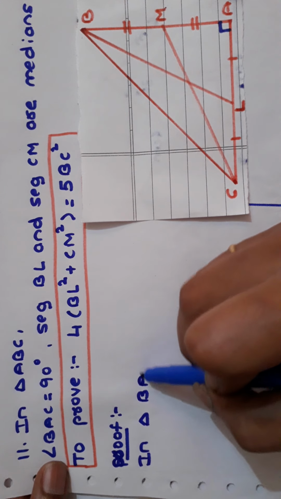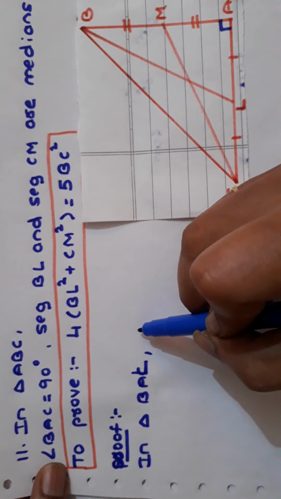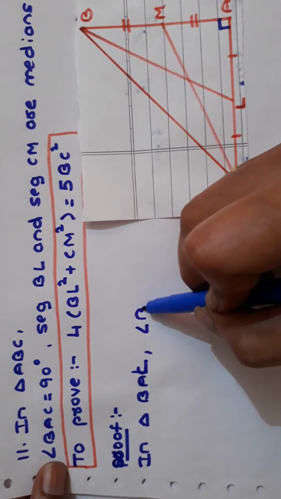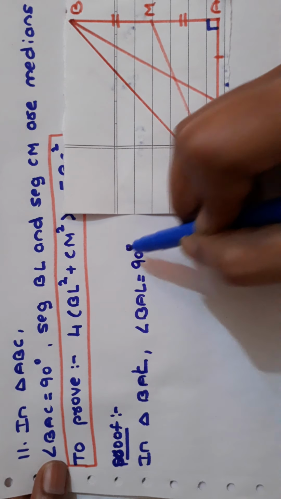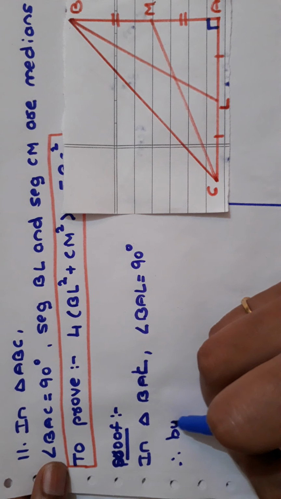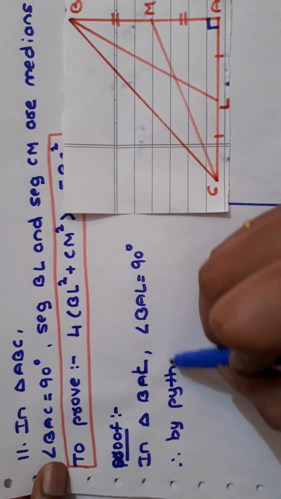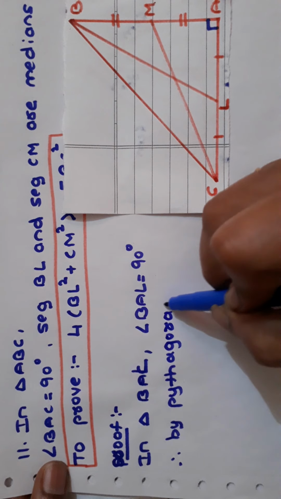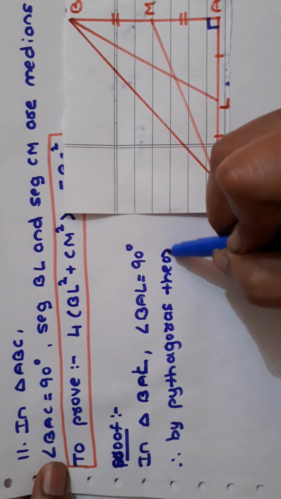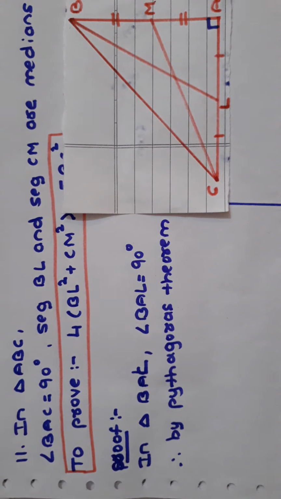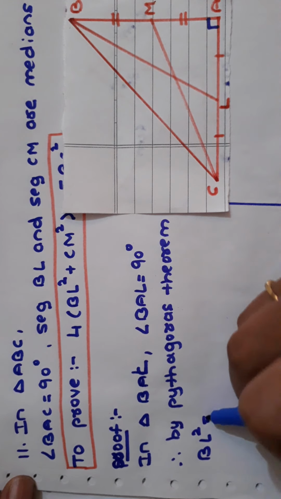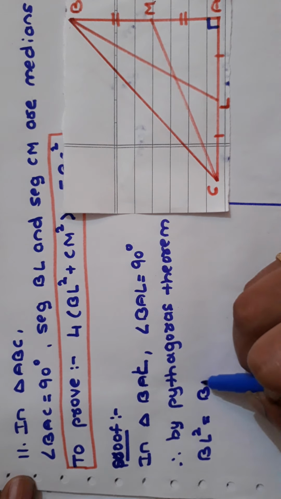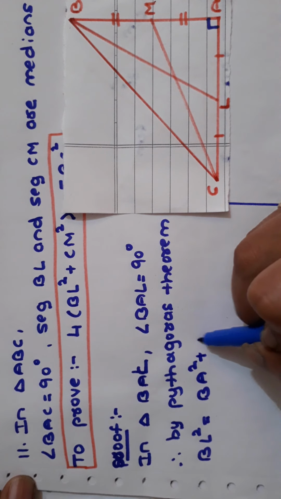In triangle BAL, angle BAL is equal to 90 degree, and therefore by Pythagoras theorem, BL square is equal to BA square plus AL square.